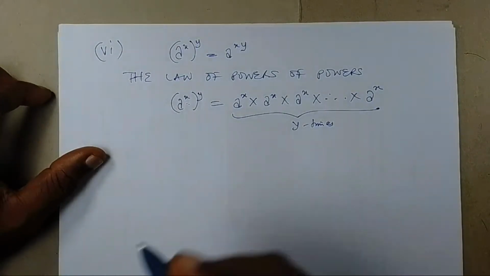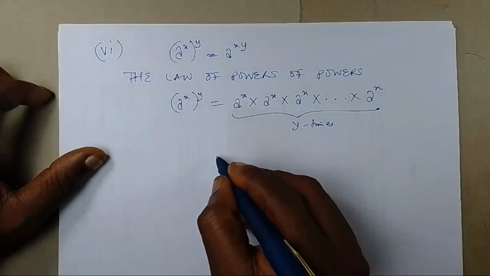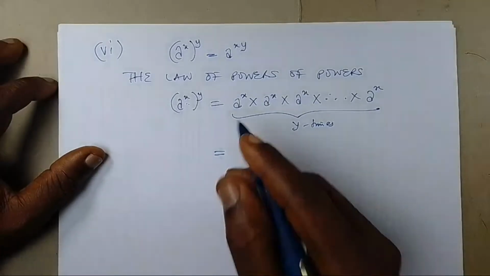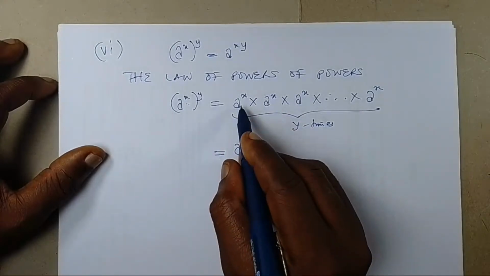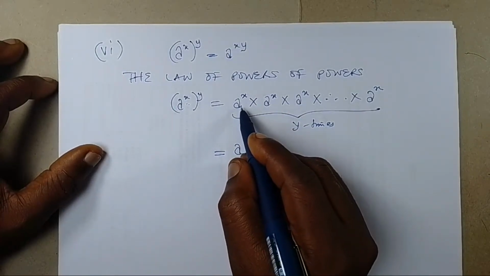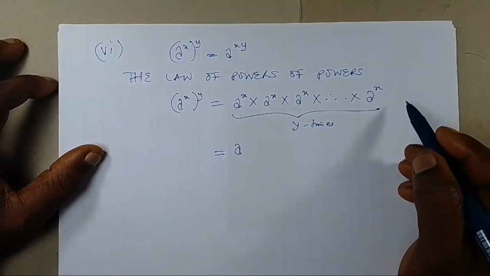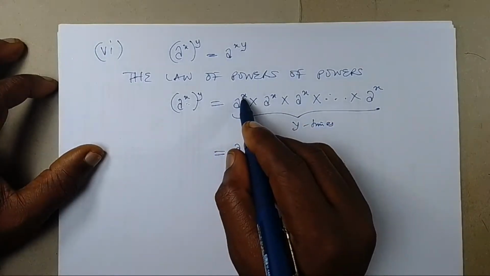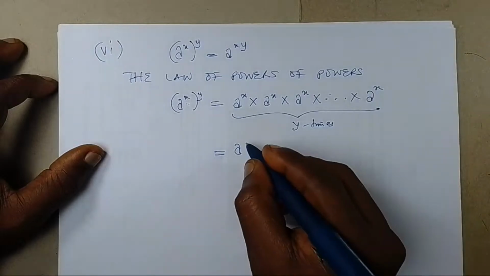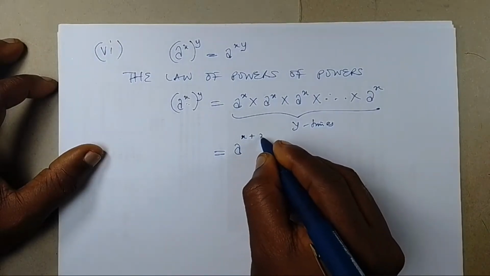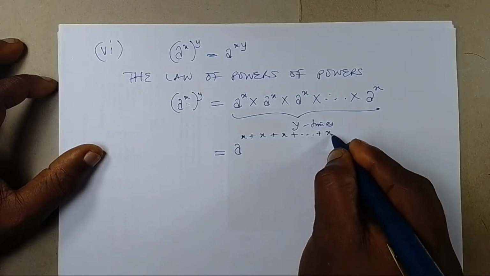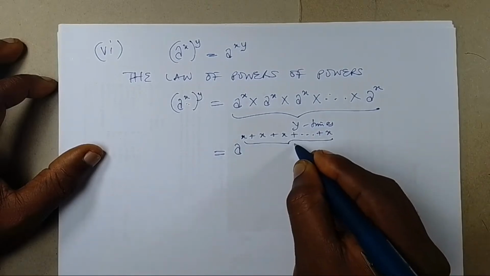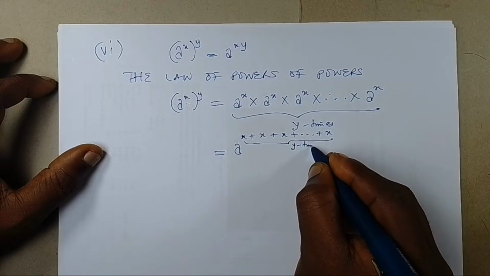And that would mean, by the first law, the addition law, remember once you have a number in index form multiplying itself a number of times, the powers will add up. So this will be x plus x plus x plus ellipses plus x. How many times? You guessed it right, y times.